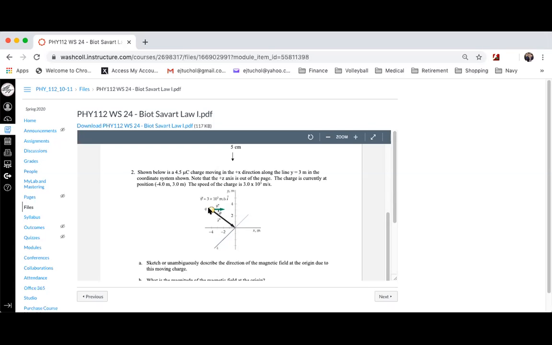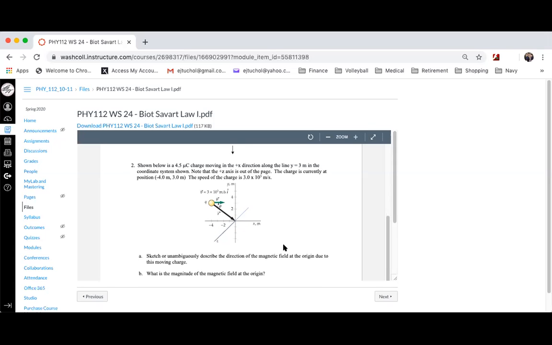It's the angle between v and r. Now, the one thing to remember about r in the numerator, it's a unit vector, so you divide it by its own magnitude. So it doesn't even come into the calculation, but you take 10 to the minus 7th Newton per amp squared, you multiply it by the charge, you multiply it by this velocity, and then you divide through by this distance squared, and that'll let you calculate the magnitude of the magnetic field, okay?